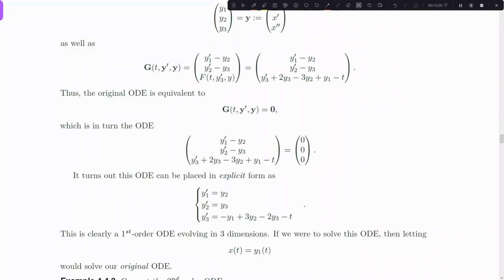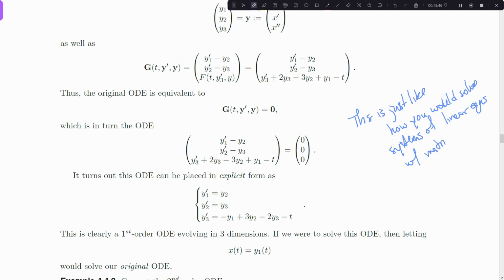This is just like how you would solve systems of linear equations with matrices, right? You would finish that and then you would notice, okay, the solution to the first one is actually the first entry in my vector, one of the definitions of the solution of my system.